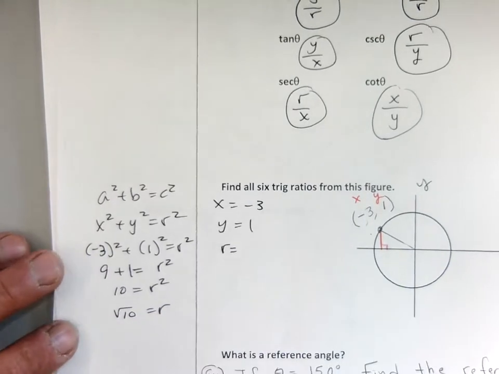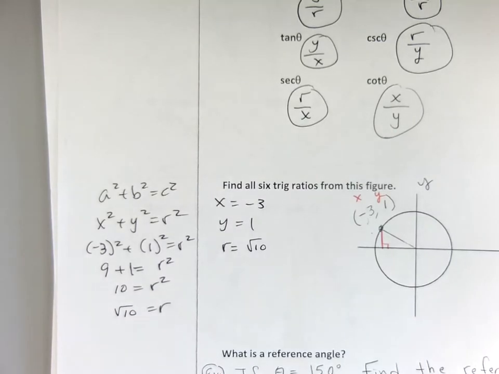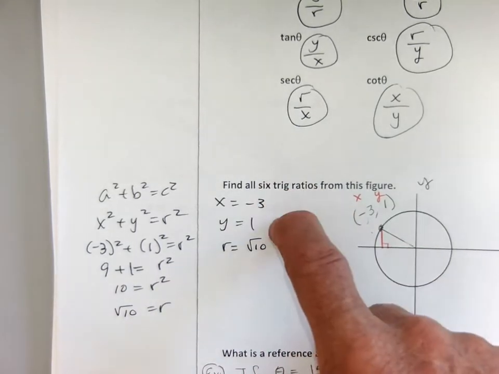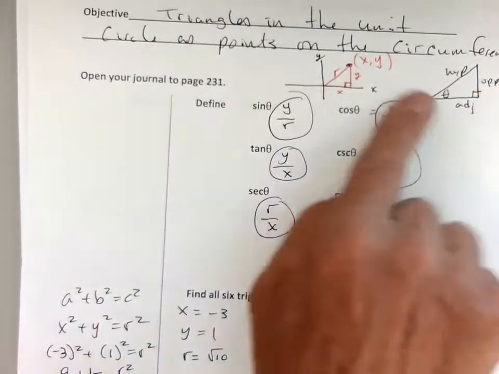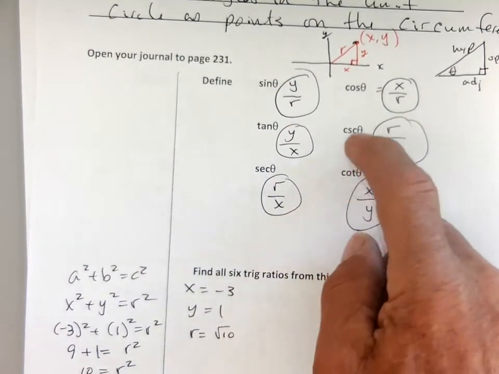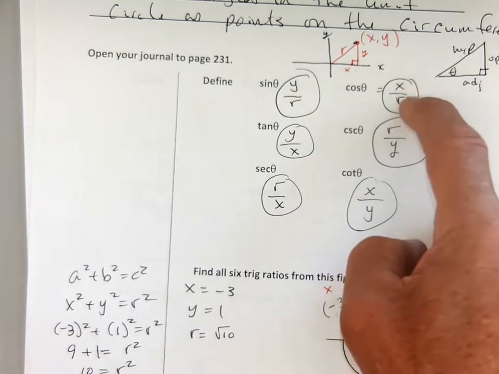Well, now it gets easy. Seriously, now it gets easy. Because once you have x and y and r, we just plug them into what this says. If I want the sine, I'm going to take 1 over the square root of 10. If I want the cosine, I want negative 3 over the square root of 10.